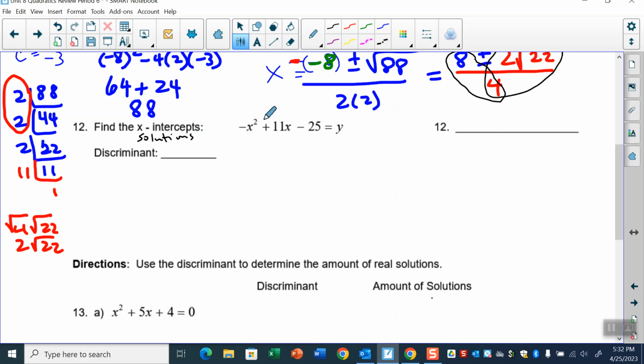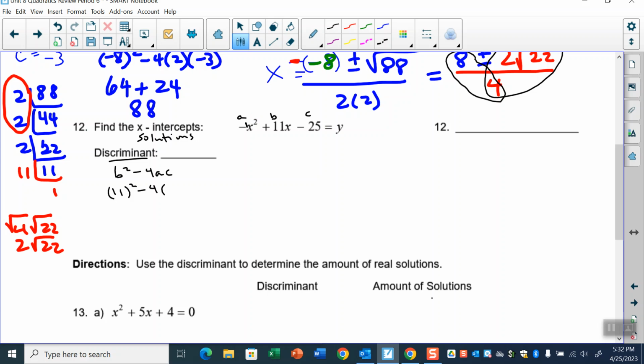So I'm going to use, and it says find the discriminant, so that's going to be the quadratic formula. So we've got a, b, and c, right? So the discriminant is b squared minus 4ac. So I'm going to put b is 11, so I'll say 11 squared minus 4.